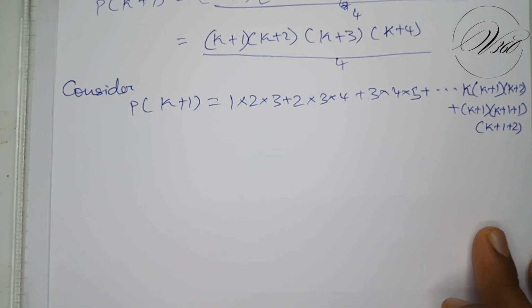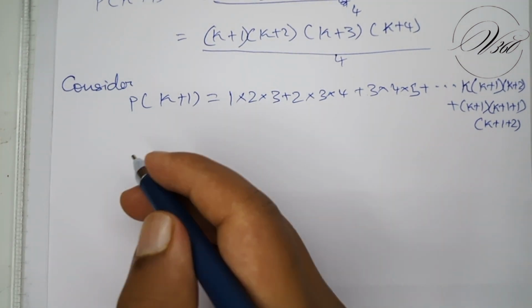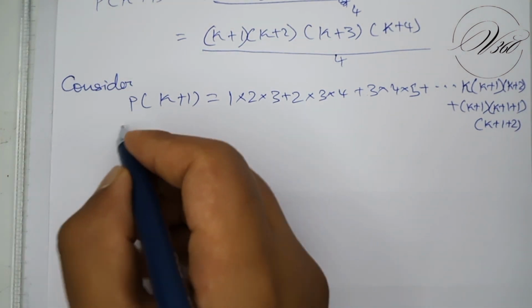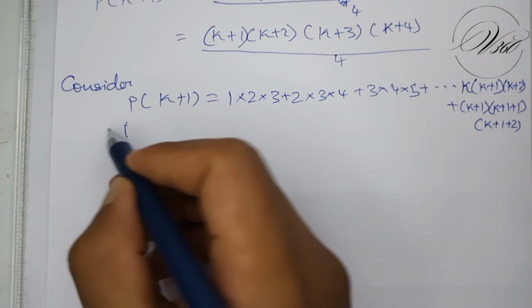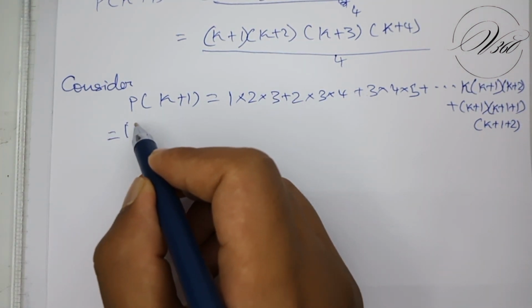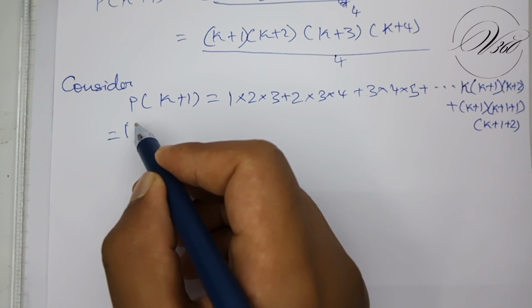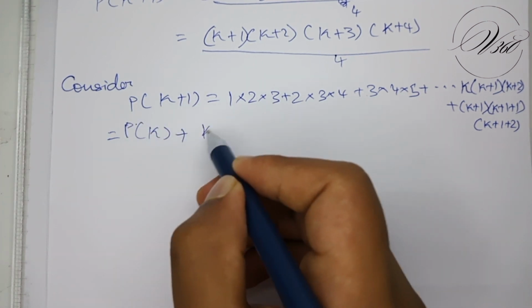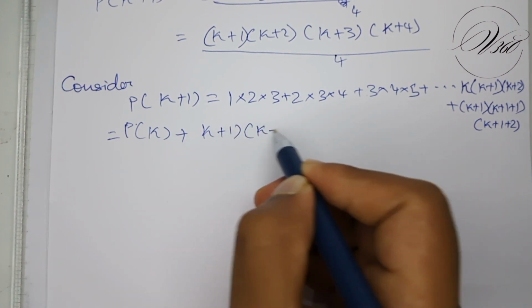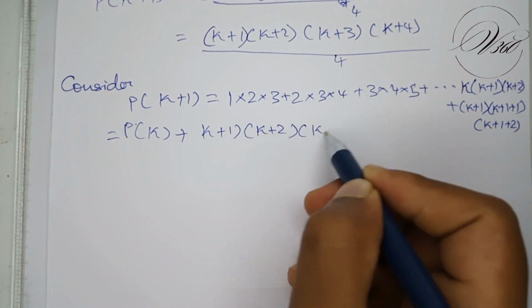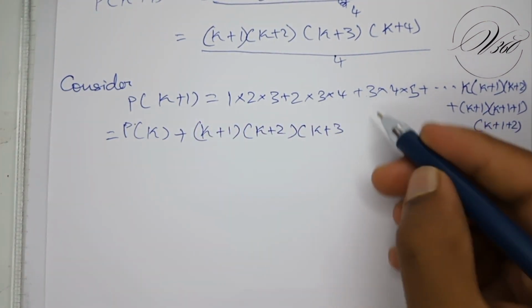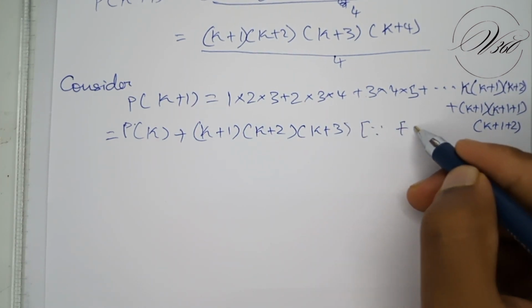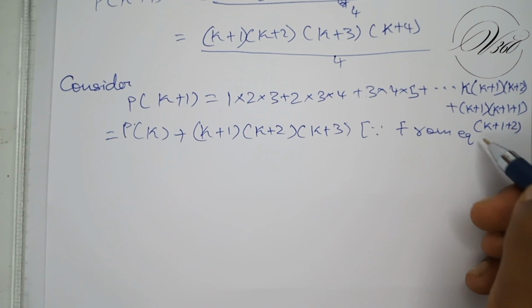Okay, from here I will explain now. Now we will write that is P of k plus 1 is k plus 1 of k plus 2 of k plus 3. We get this from equation 1.